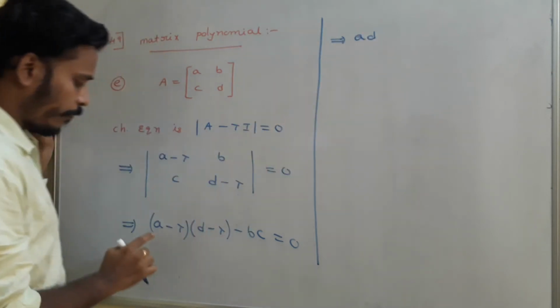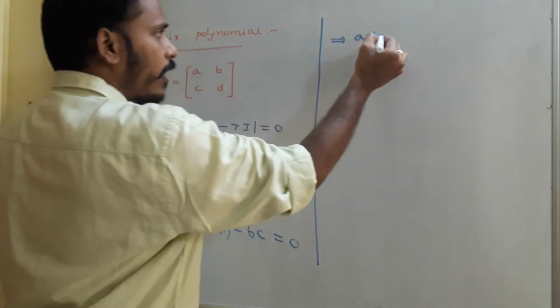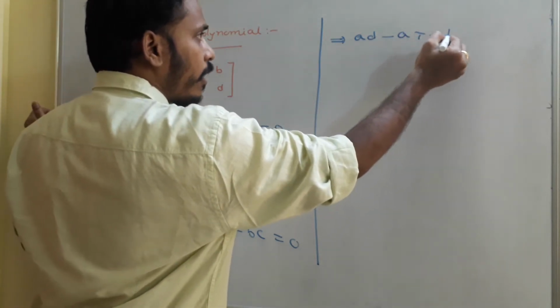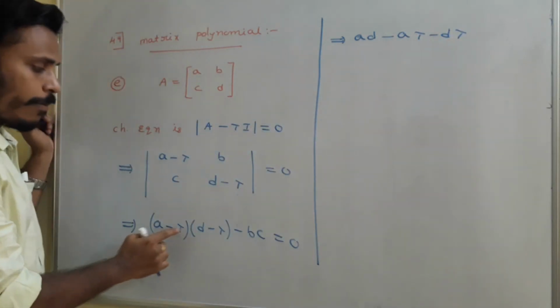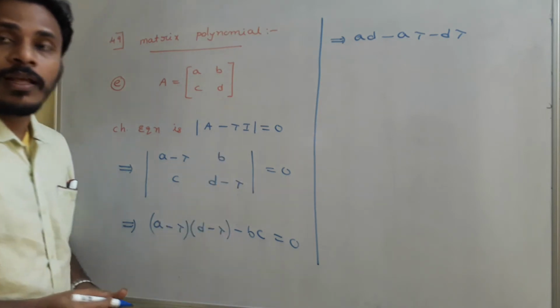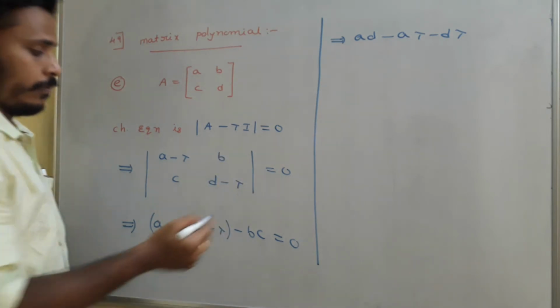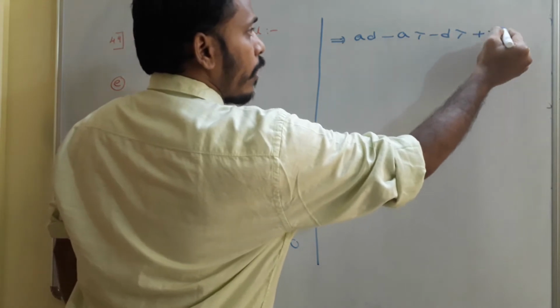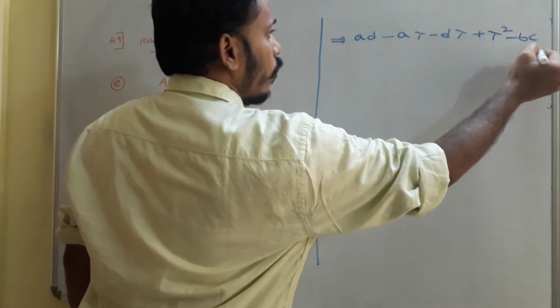A into D, AD, and then minus A lambda, minus D lambda, minus lambda into minus lambda is what? Plus lambda square, minus BC is equal to 0.